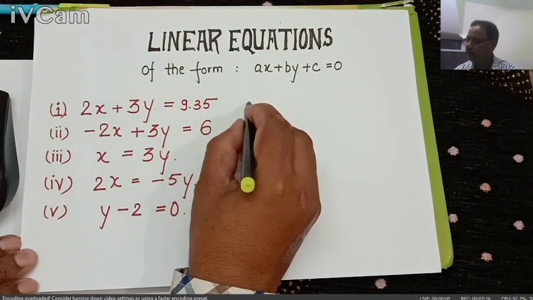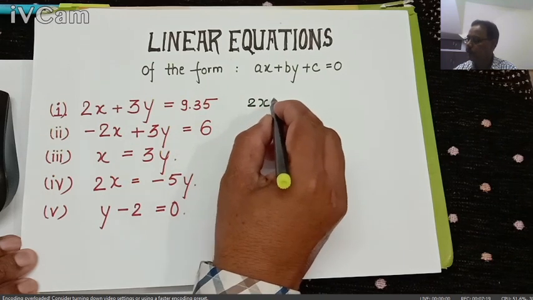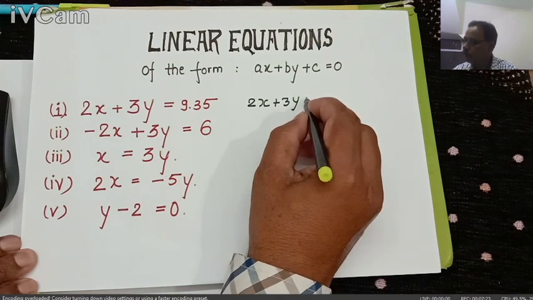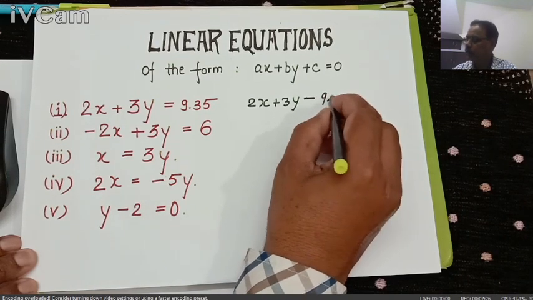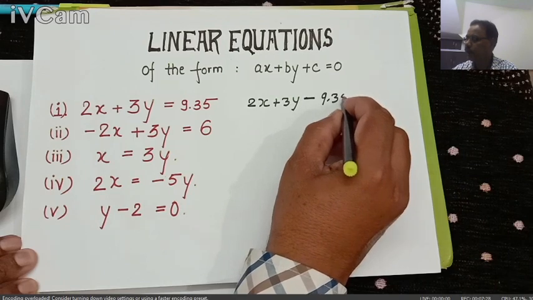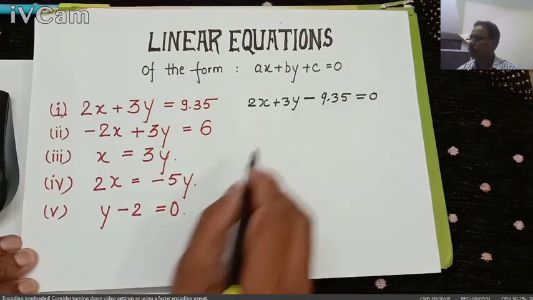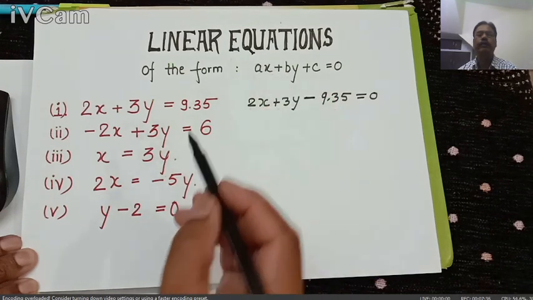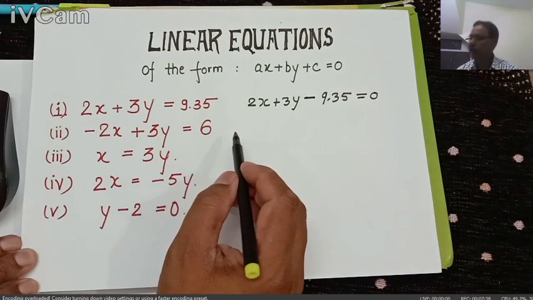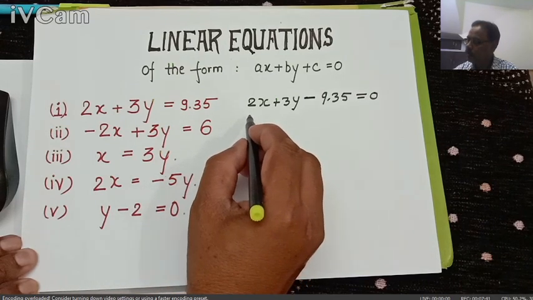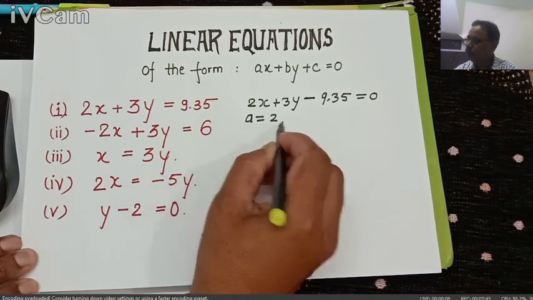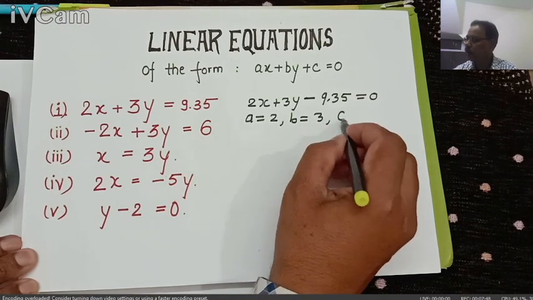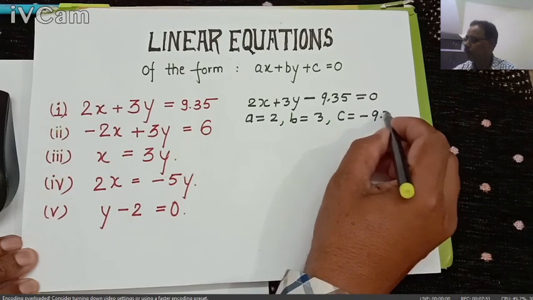We shall write 2x plus 3y minus 9.35 equal to 0. Now let us compare this equation with our standard form of equation, and we shall write a is equal to 2, b is equal to 3 and c is equal to minus 9.35.